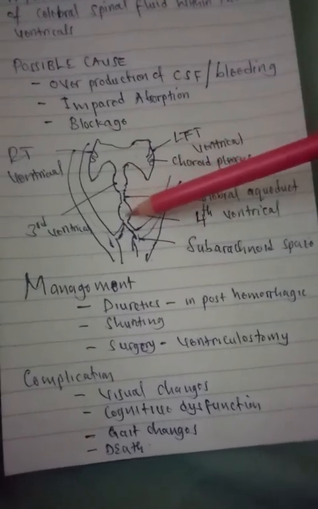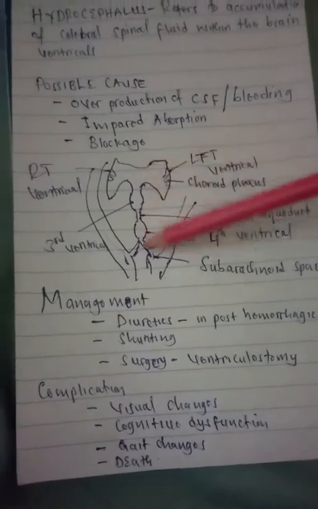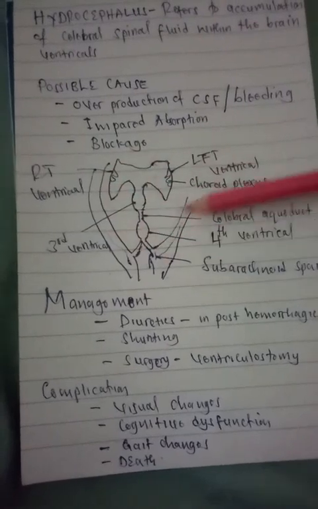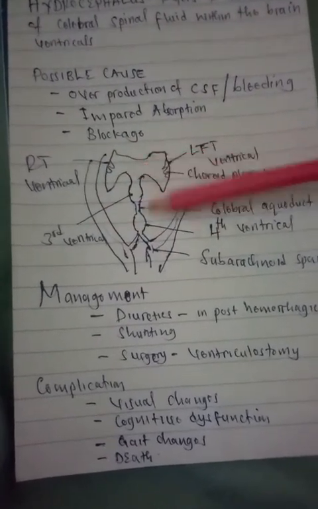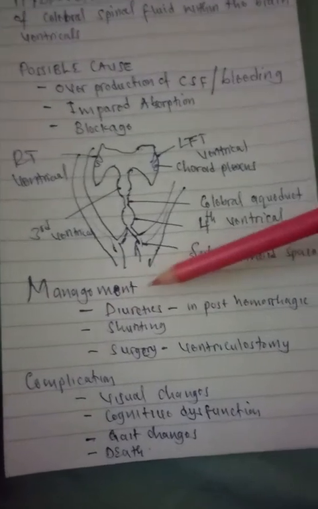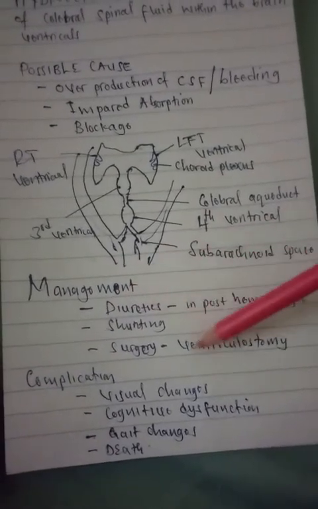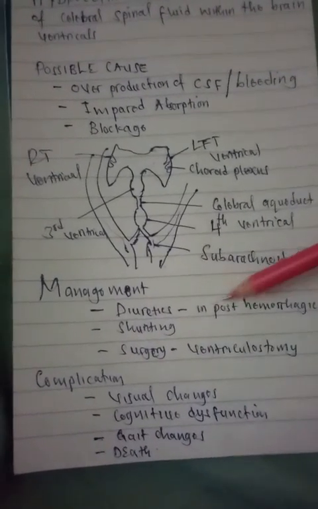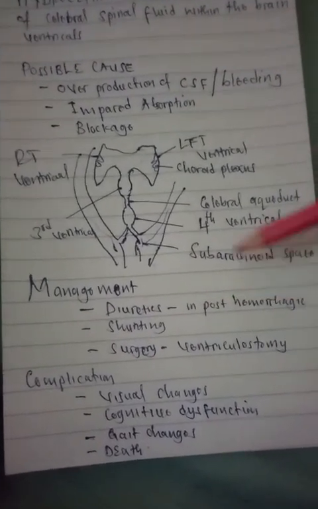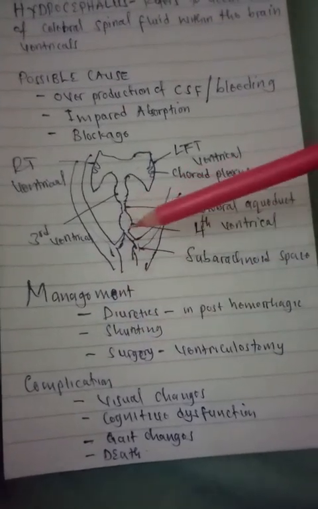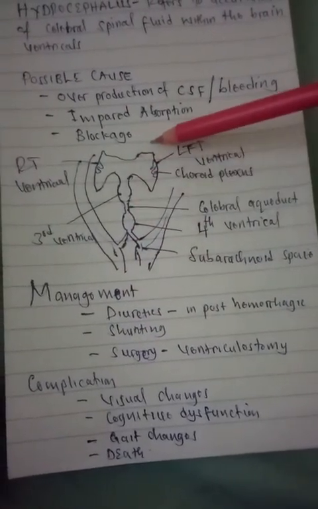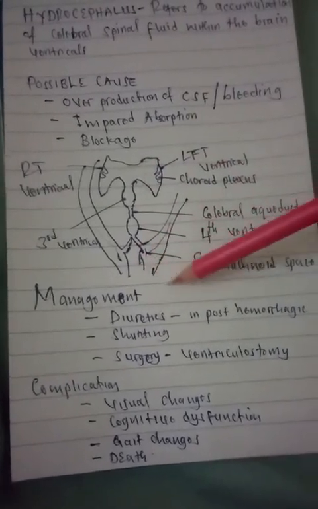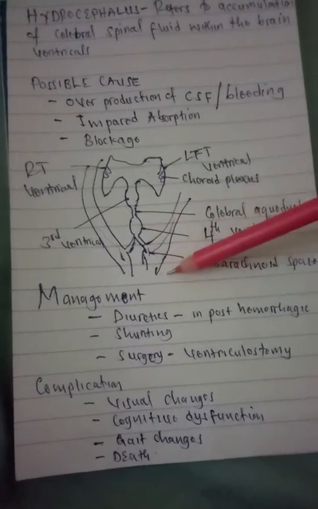So there are different managements of this condition, hydrocephalus. Some of them, as you can see here, are diuretics. This is in the management of post-hemorrhagic hydrocephalus, which is common in newborns. But also there is shunting, where a tube is placed within the brain ventricles, and it goes down to the abdomen for absorption.